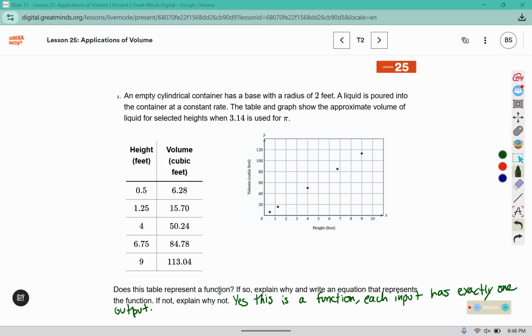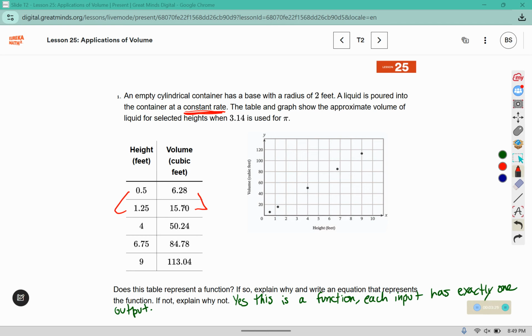And since it is, we need to write an equation that represents the function. Let's figure out what the slope is. It says that it has a constant rate, so it should be a constant slope the whole way. The way that we find that rate or that slope is going to be subtracting the y values, subtracting the x values, and then dividing.